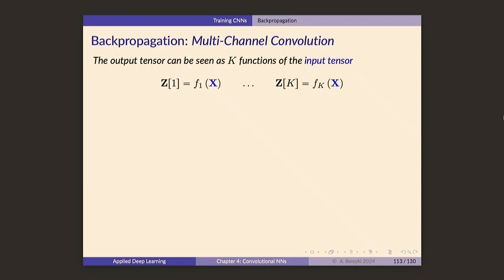Gradient of z1 with respect to x. Great. So what else? Should I keep on going? z2, z3, z4 till zk.